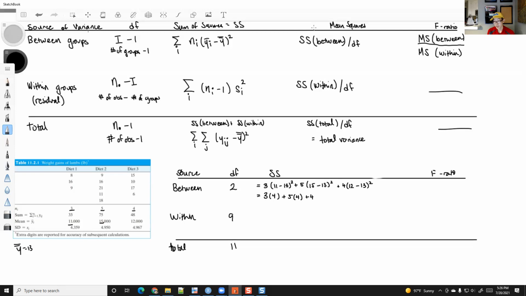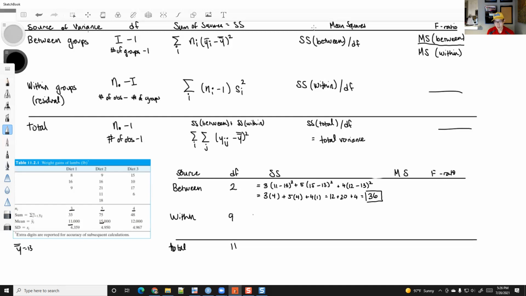Plus 4 times 12 minus 13, which is negative 1. 1 squared is 1. So I've got 3 times 4 is 12, and 5 times 4 is 20, and 4 times 1 is 4. This adds up to 36. This is my sum of squares between.